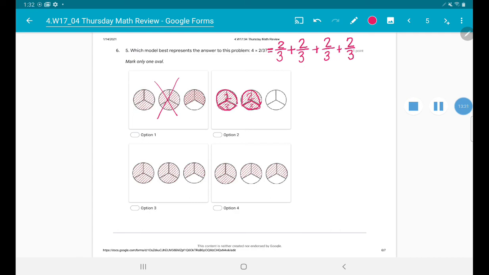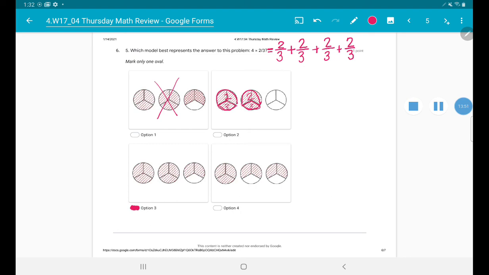So knowing what we know from option 2, is it going to be option 3 or option 4? Which one's it going to be, Ainsley? It's going to be option 3. How do you know that? Because option 3 has 3, but then 2 of them, there's still 1 more.